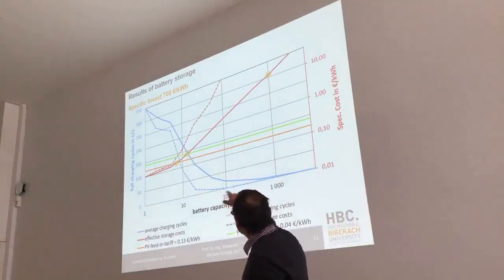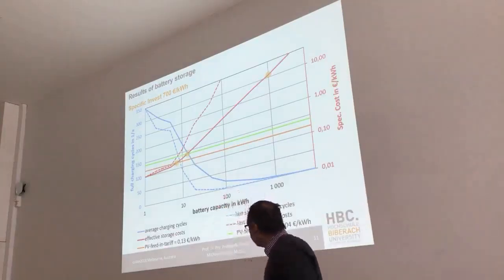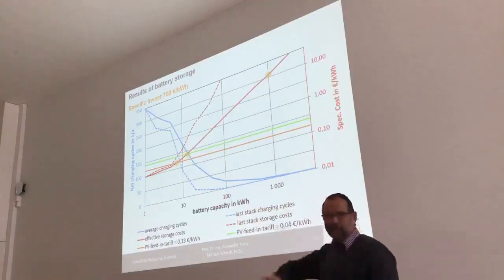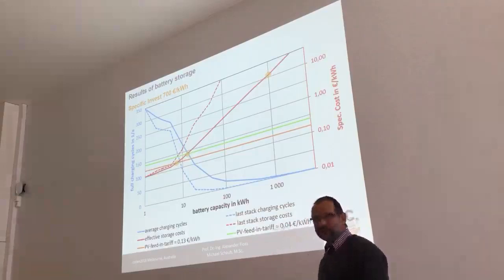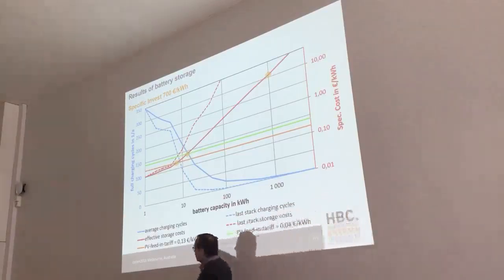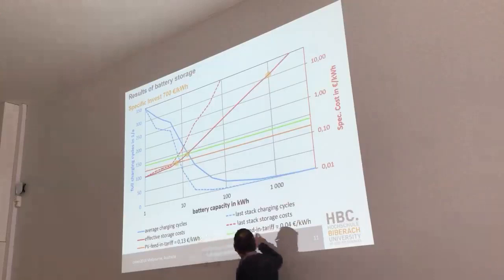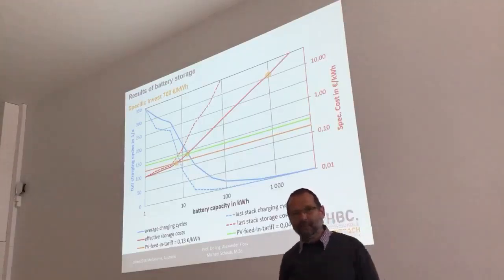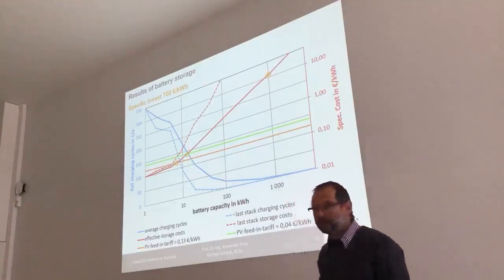The orange and the green lines indicate the reference of using the external grid as an energy storage for different feed-in tariffs. The orange line indicates the actual feed-in tariff of 13 cents per kilowatt hour, and the green line indicates a feed-in tariff of 4 cents per kilowatt hour. That is what we expect for the nearer future.